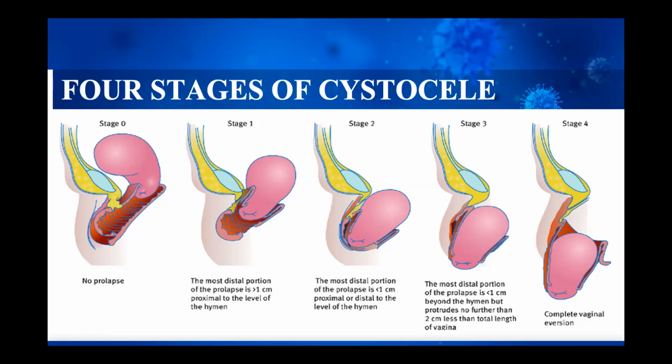And then stage 3, it's down there. And then stage 4, it's out. So if you think of a bladder or anything, it's hanging out of the vaginal opening. I never saw one until the other day when I was doing this, and it's very eye-opening and crazy.